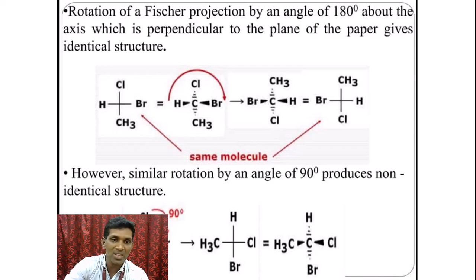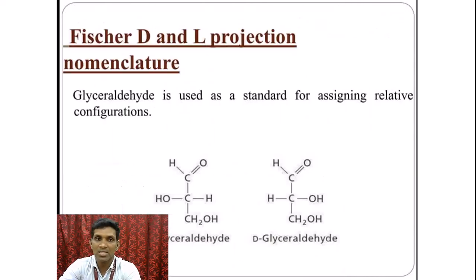Both are the same. Rotation of the Fischer projection by an angle of 180 degrees about the axis perpendicular to the plane gives identical structures. However, a similar rotation by an angle of 90 degrees produces non-identical structures.